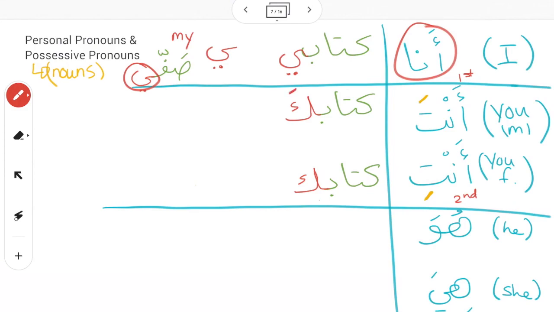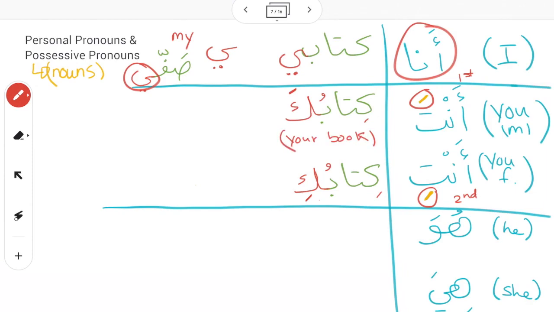And for the masculine, we're going to do a fatha, just like we did anta. And for the feminine, we're going to do kasra, just like we did anti. And when we're pronouncing it, we're going to pronounce the letter at the end of the word with the dhamma, and then the kaf with the fatha. So it's kitabuka, kitabuki. And here this means your book.